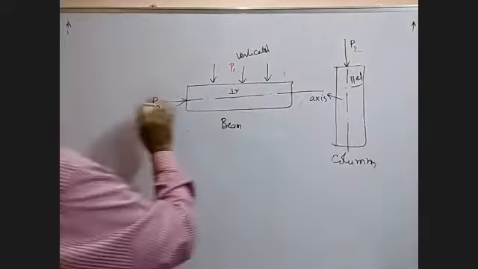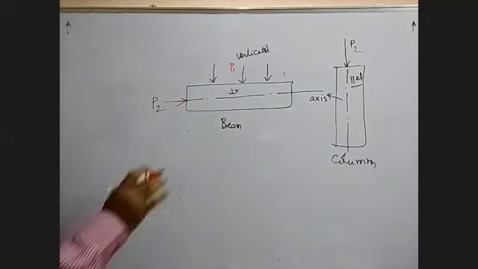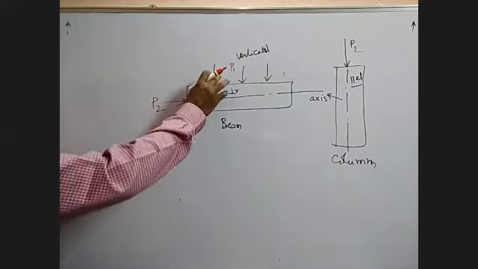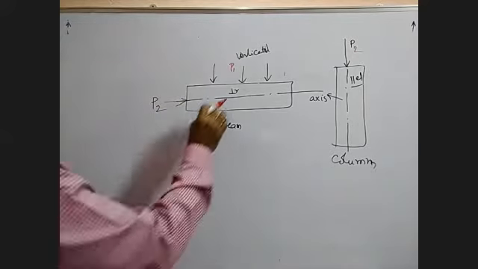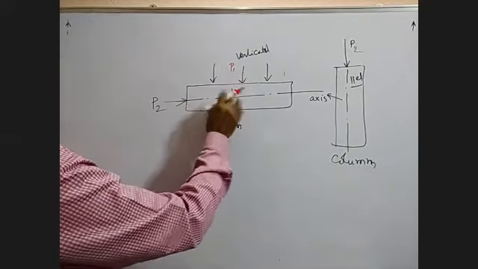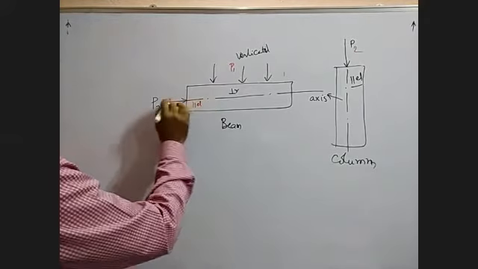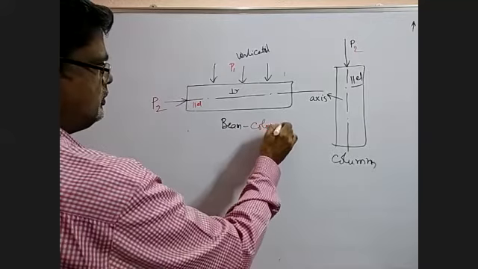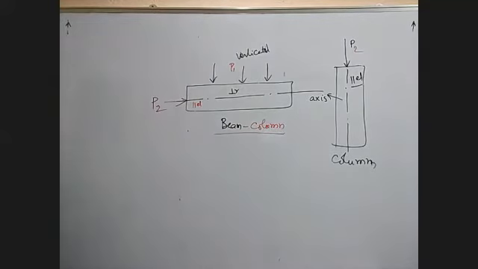P2 ను కూడా తీసుకొచ్చి ఇక్కడ పెట్టారు. So the member is subjected to both the loads, vertical load as well as horizontal load. So one is perpendicular to the axis of the member, another one is parallel to the axis of the member. Then this we call it as a beam column.